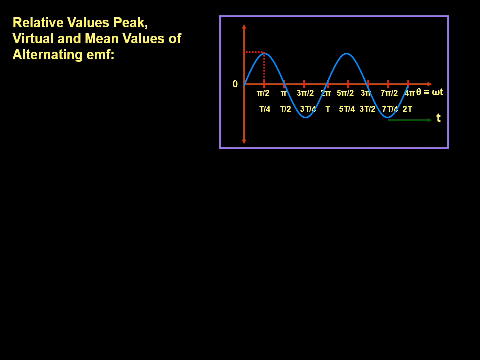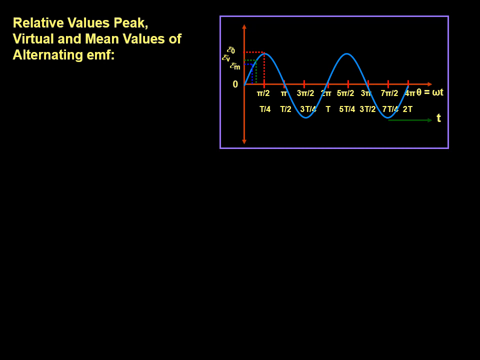Now relative values, this is an important point again. EV and EM: EV is the virtual value or RMS value, and EM is the mean value or average value. Mean is a little less. Why is it less?